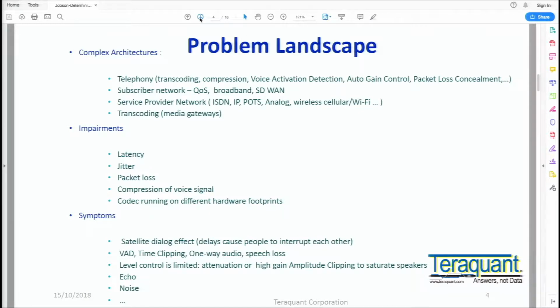So what threshold do we need to speak before we start sending IP packets again? That's all tied up with voice activation detection. And then we have sophisticated packet loss concealment techniques as well. So if we do drop packets, maybe we try to regenerate them at the other end so that we can have intelligible speech. These are all mechanisms going on within the network that we might find issues with.